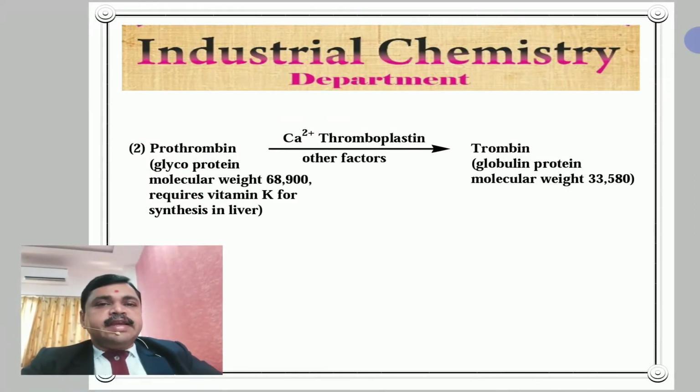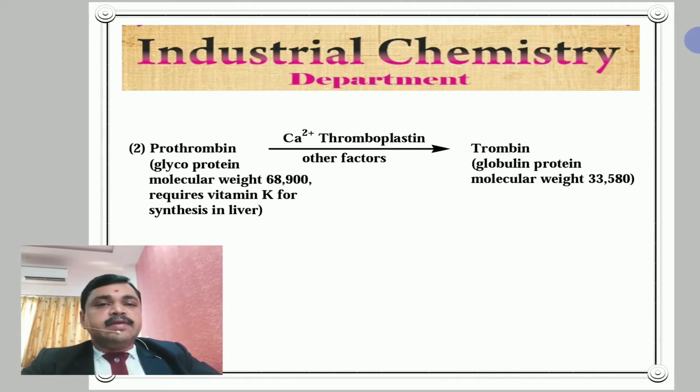The second reaction for blood clotting: prothrombin, a glycoprotein with molecular weight 68,900, requires vitamin K for synthesis in our liver.